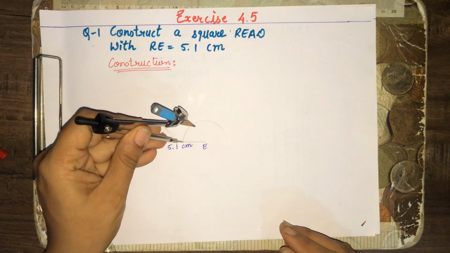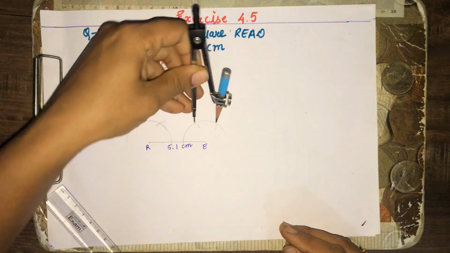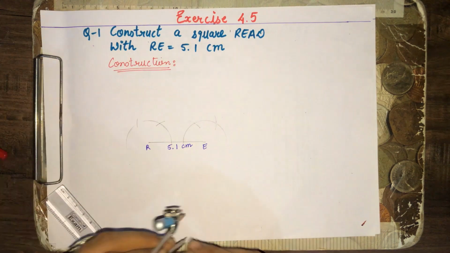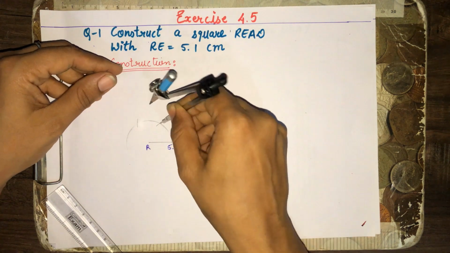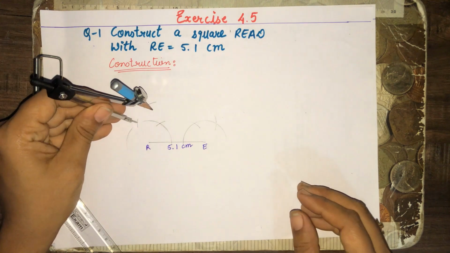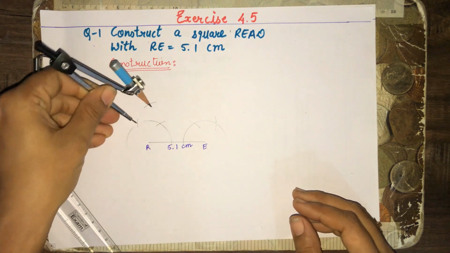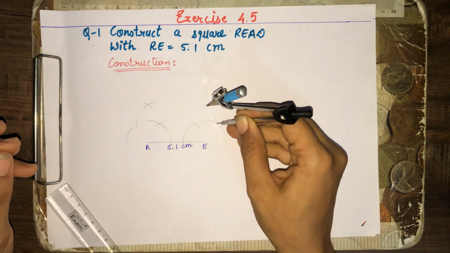Same I'll repeat over here on this side, 60 and 120. Now taking this radius, I'll put one arc from this point and from this point, same I'll repeat on this side also.